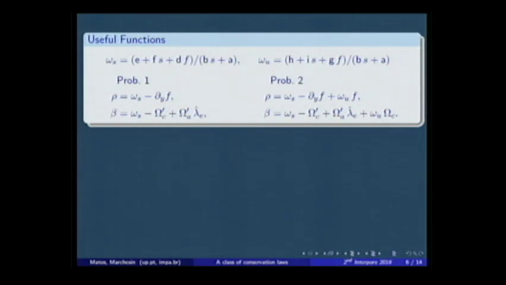I show here some of them, and some of them plays an important role. Here, the difference between this rho and beta from problem 1 to problem 2 is just this term that has omega u, but again, here omega s is not exactly the same in both problems because we have there a, b, etc.